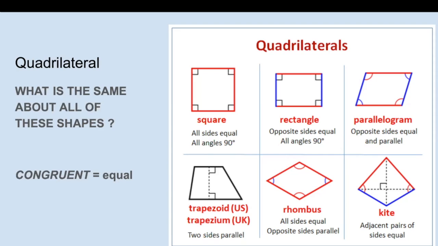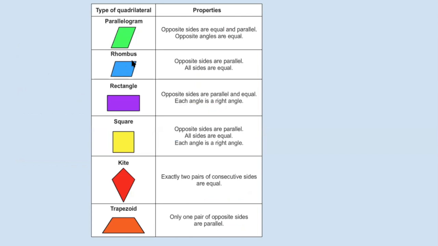So when I have congruent, my square, all the sides are congruent, okay? That means all the sides are the same in length, okay? And then when I'm talking about non-congruent, we're talking about sides that are not the same, okay?